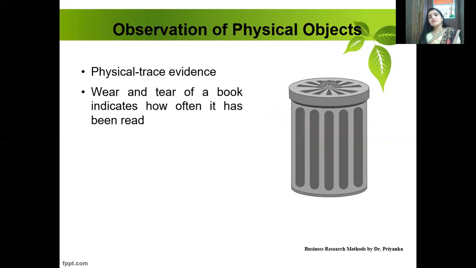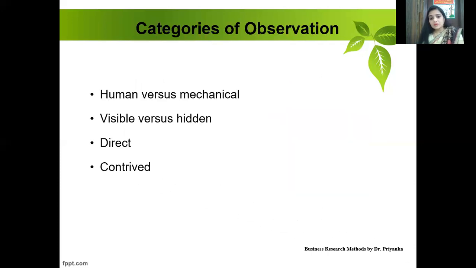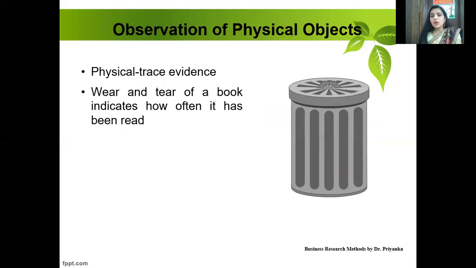Now, observation of physical objects. In the case of observation of physical objects, we actually try to trace evidence on the objects. For example, you might be trying to check the wear and tear of a book, right?